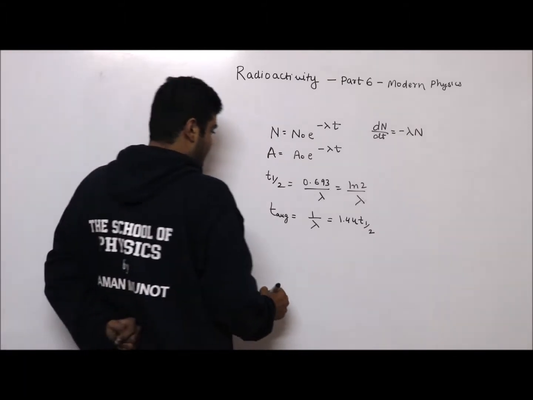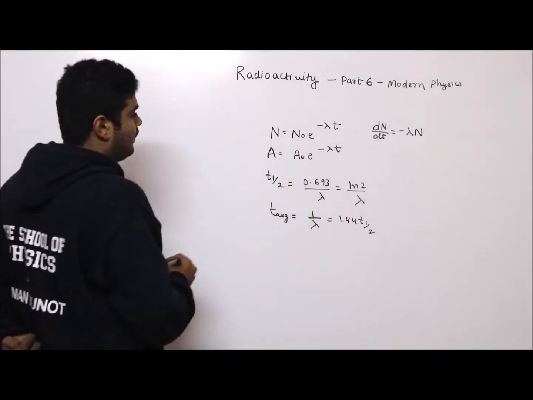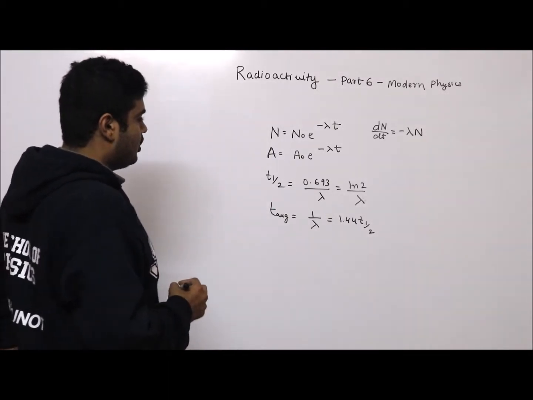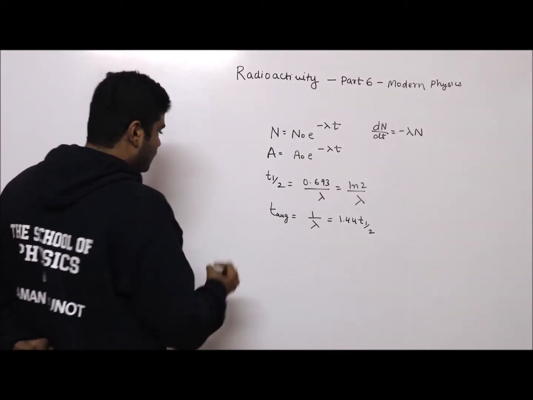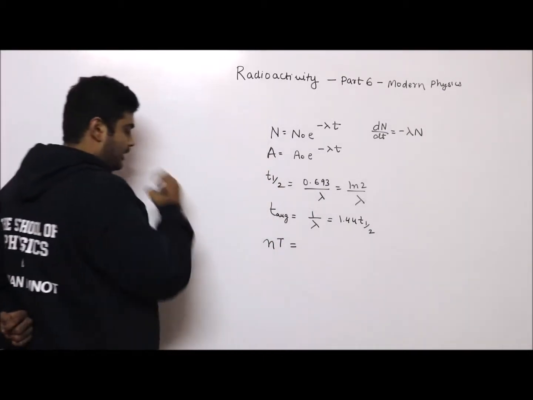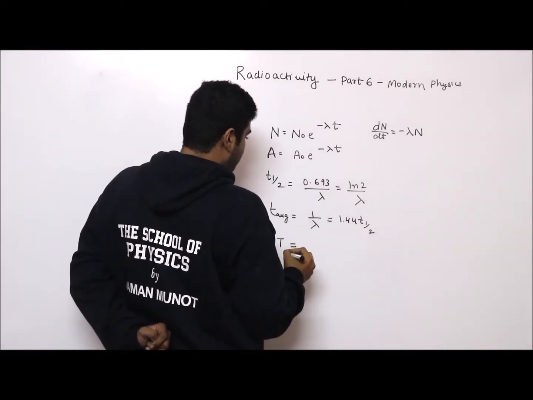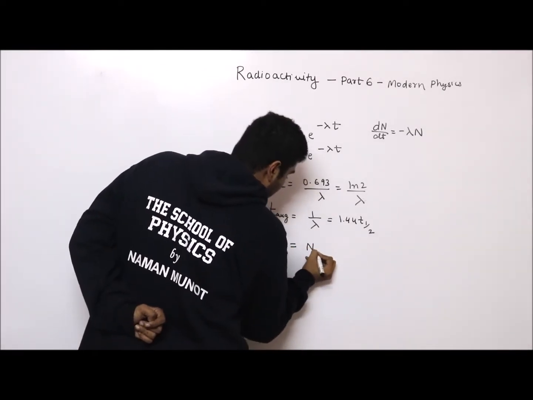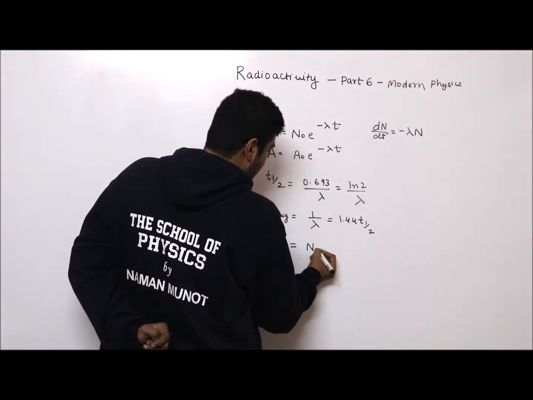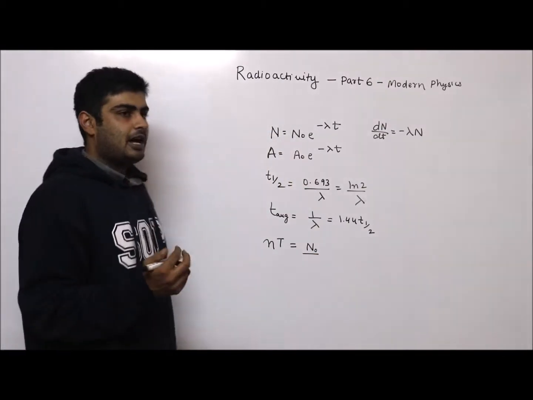Then there is another very simple formula. After n half lives, how much will be the N? After one half life it is N₀/2, then N₀/4, then N₀/8.